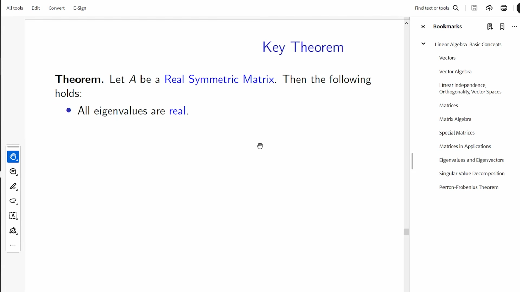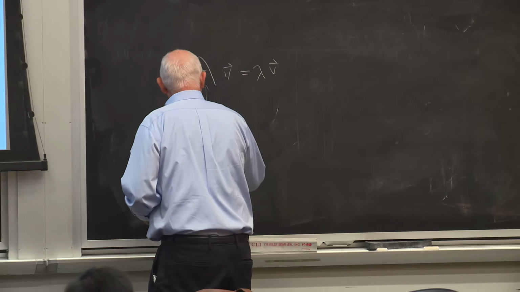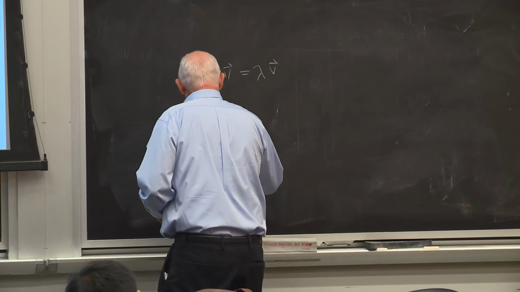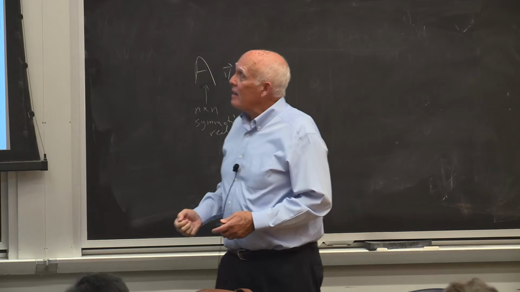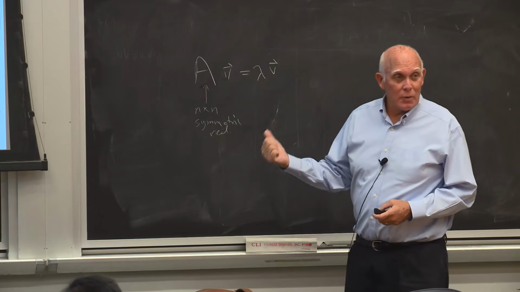From linear algebra courses, you probably remember that if we have a symmetric real matrix, so this matrix is n by n and it's symmetric and it's real, then all of the eigenvalues of this matrix are real as well.